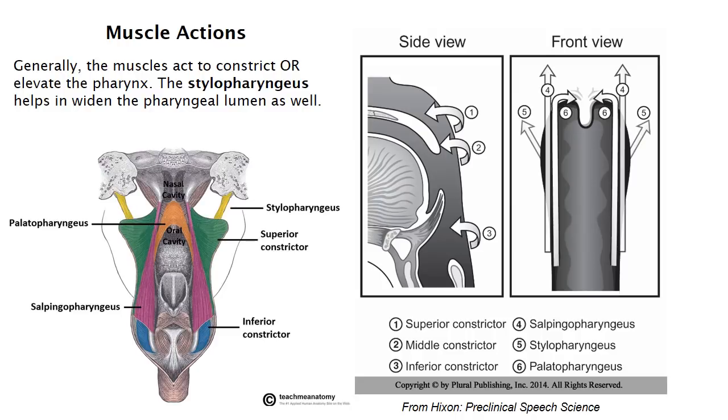So in review, all 3 of these longitudinal muscles act to elevate the pharynx, but as this diagram depicts, the stylopharyngeus, shown here in number 5, which originates from the styloid process, because it emanates from this process which is both superior and lateral to its insertion point, it has the ability to pull upwards and laterally, or to widen the lumen of the pharynx if needed.